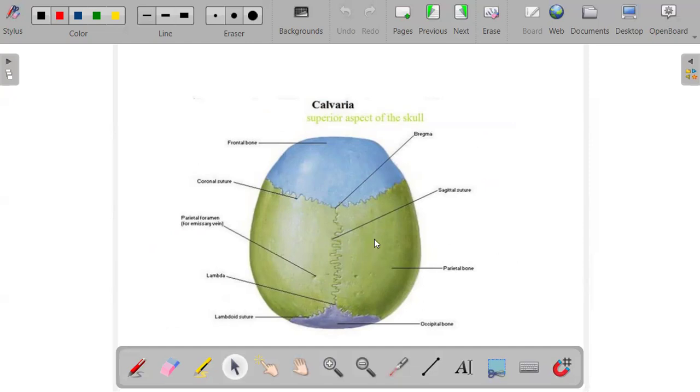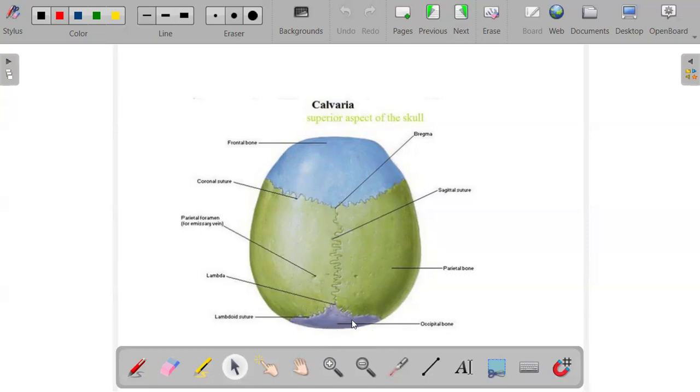You have the left and the right parietal bones, and you can see that there are certain sutures. These lines that are dividing these bones are what we call sutures. We have this suture right here, which is in front. This side is the front part. In this front part, you can see this blue bone, which is the frontal bone. Then at the back, you can see this bone right here. This is the occipital bone that forms the back part of your head.